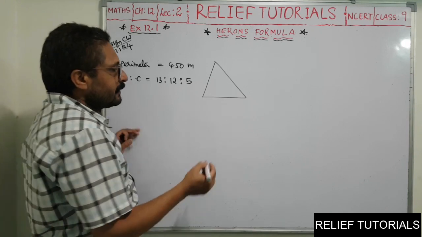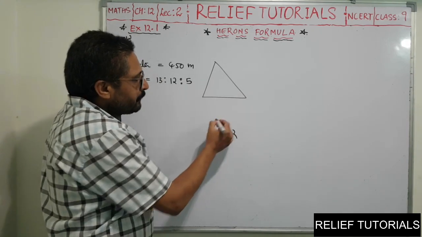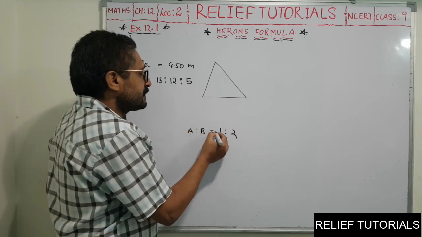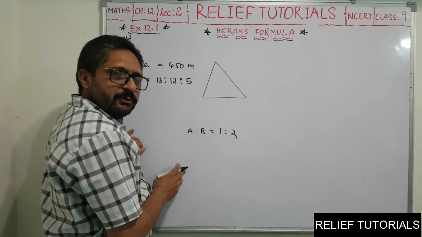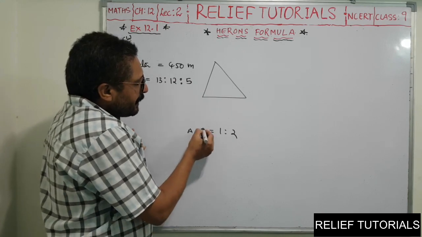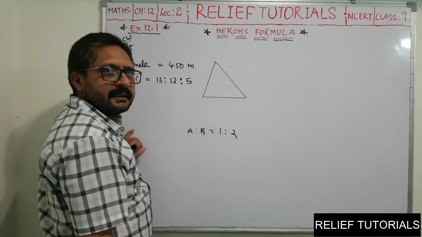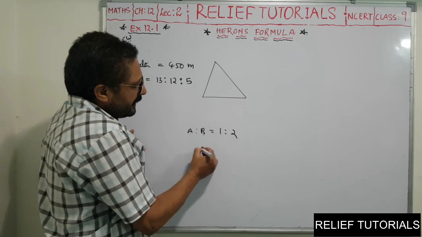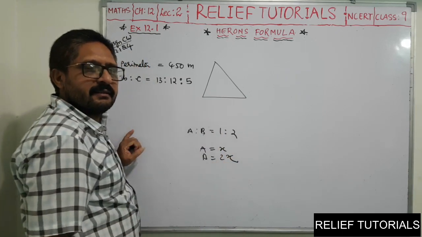We used to say ratio 1 is to 2. What do you mean by the ratio of A and B? That is A is to B equals 1 is to 2. For example, if we say the marks of A and B are in the ratio 1 is to 2, it means the marks of B are twice the marks of A. Clear? So here we can write A is equal to x, then B is equal to 2x, twice.